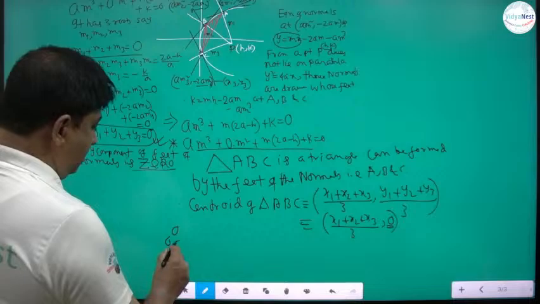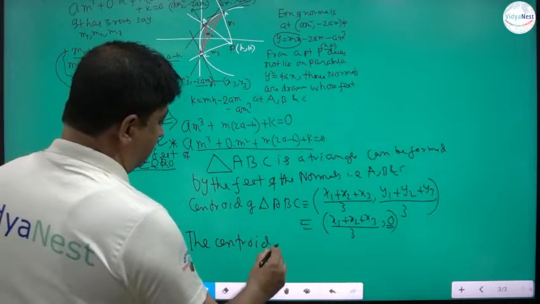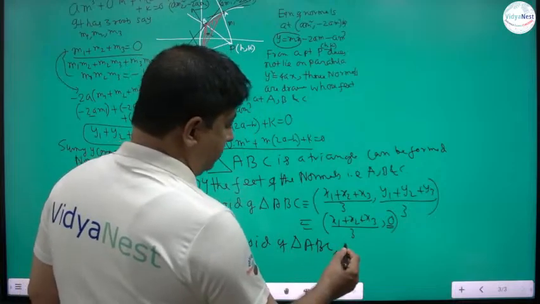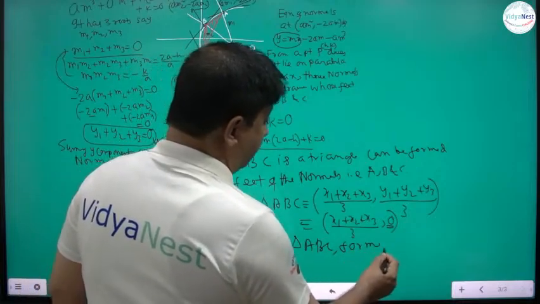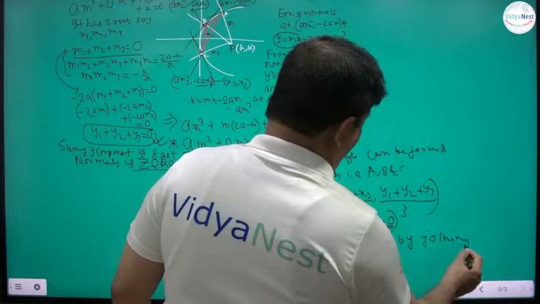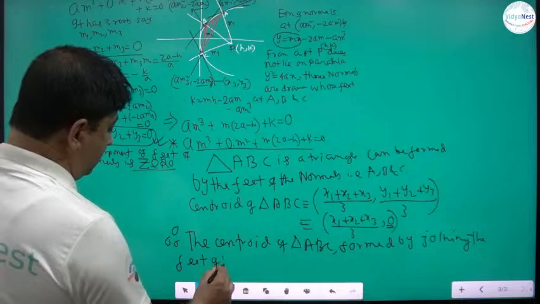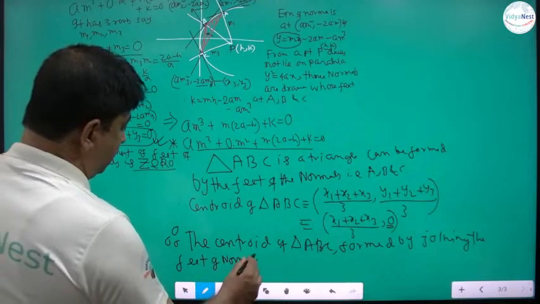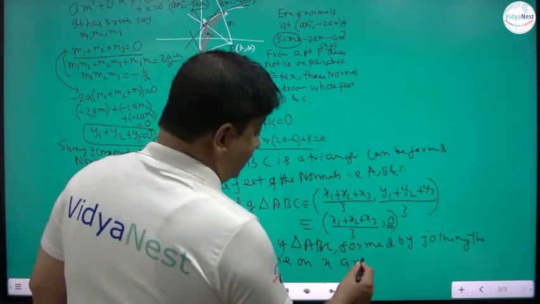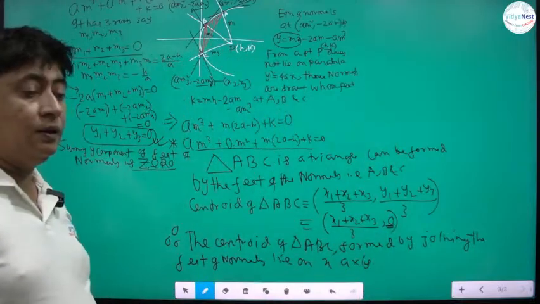Therefore, the centroid of triangle ABC formed by joining the feet of the normals lies on the x-axis as its y component is 0. Understand? Got it?